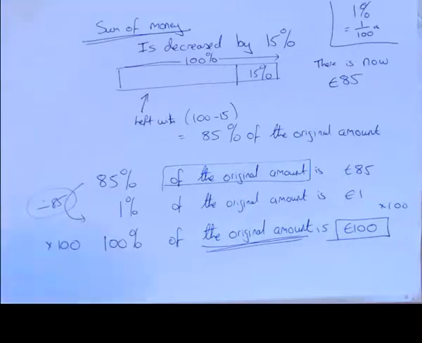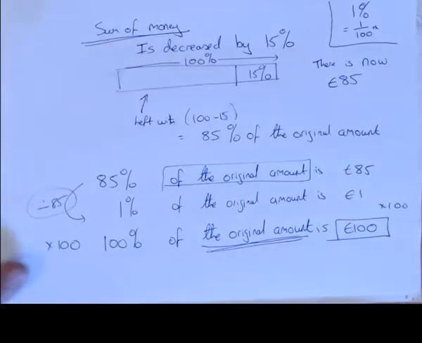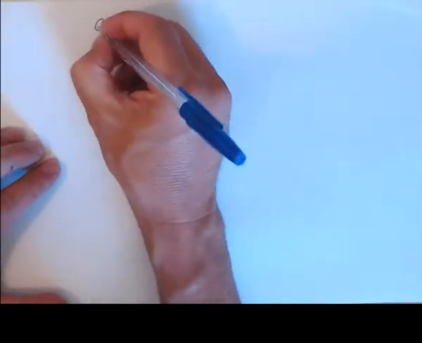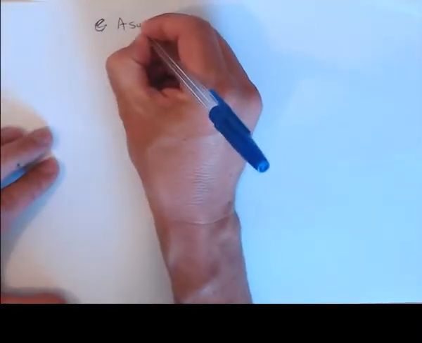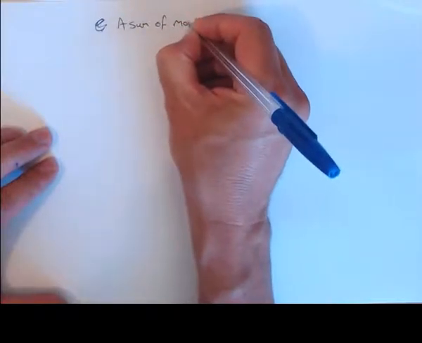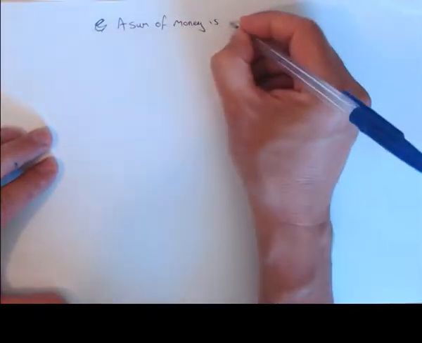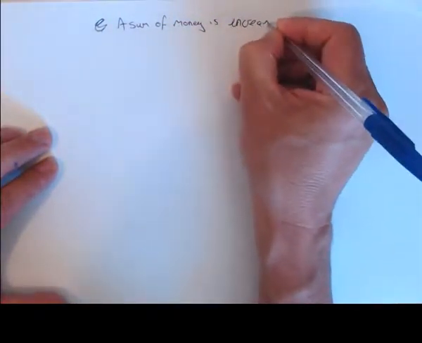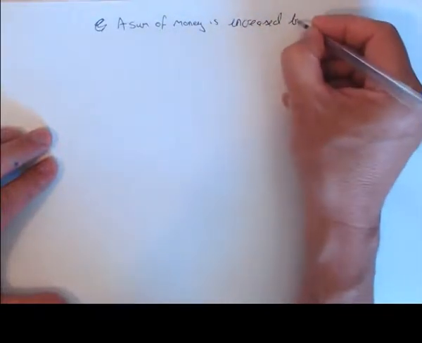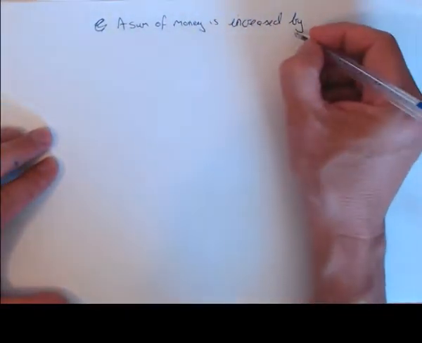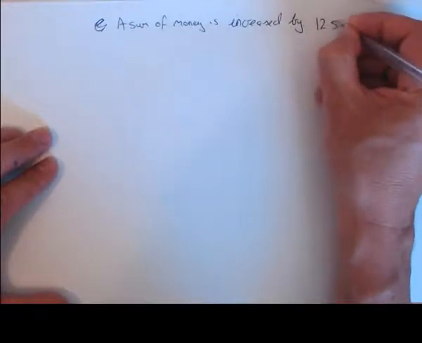Okay? So there is a sum of money that was decreased by 15%. Let's have a look. Let's say we have a sum of money that's increased by 12.5%.